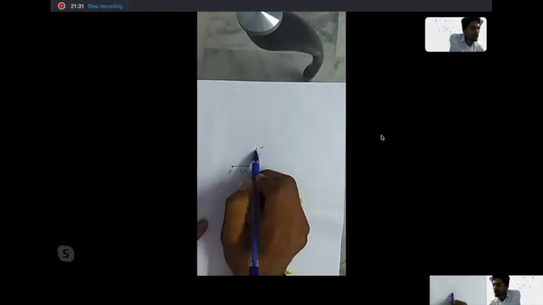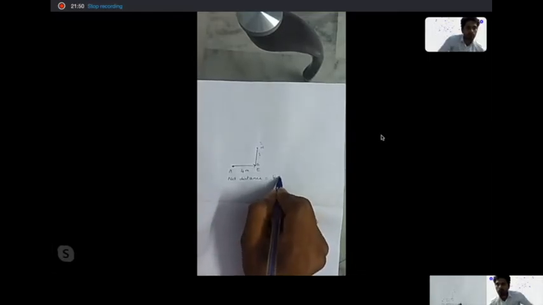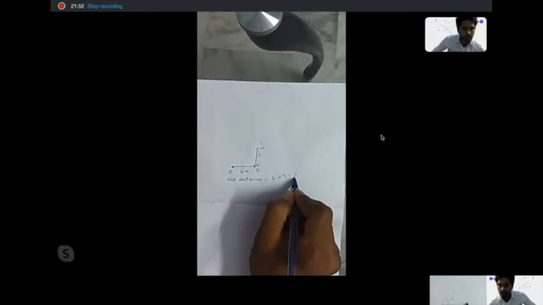The total distance when I move from A to, let's say this is B and this is C here, if I say net distance is supposed to be the total length of the path, would be 4 plus 3, which is 7 meters.